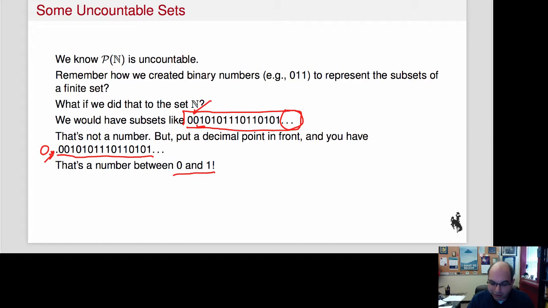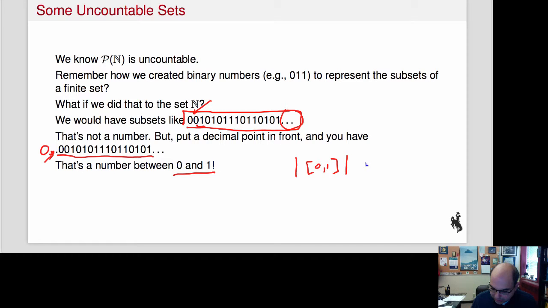Okay, so what have we just shown? Really what we've shown is that the cardinality of the numbers between 0 and 1 is the same as the cardinality of the power set of n. Let me write that correctly. The numbers between 0 and 1 form a set, an interval.